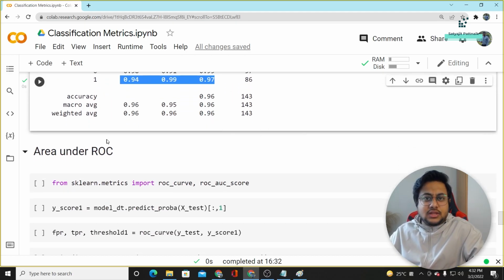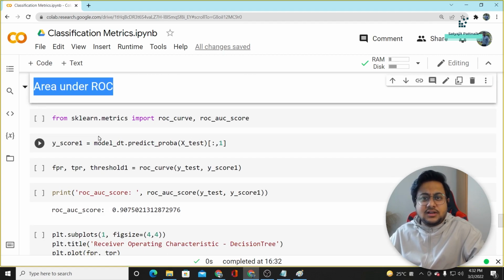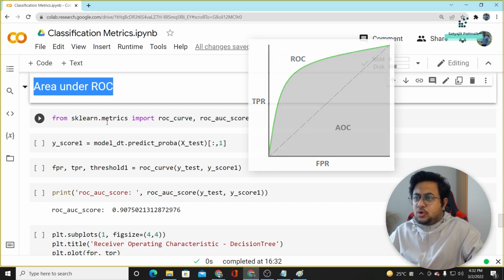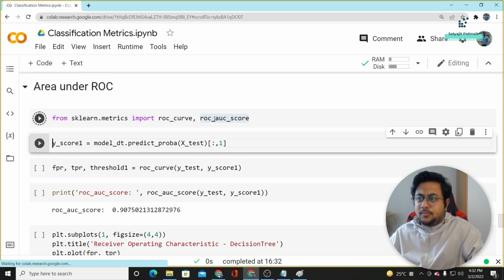Last but not the least, we have area under ROC curve. What is area under ROC? Now, area under ROC is a curve which is basically between 1 minus specificity and sensitivity. So here again we have to use sklearn.metrics, roc_curve and roc_auc_score.